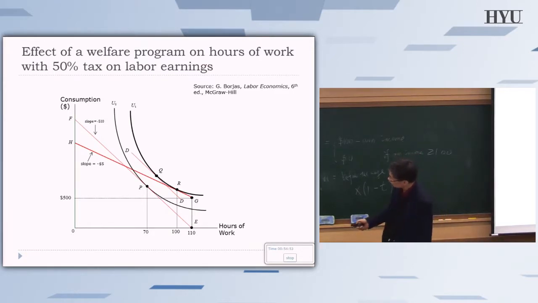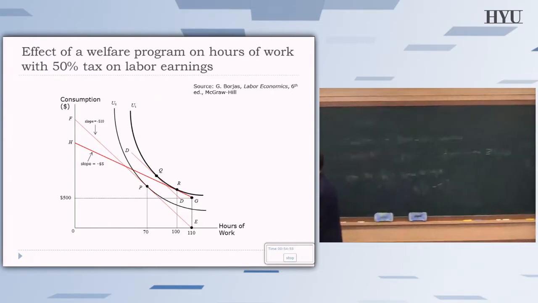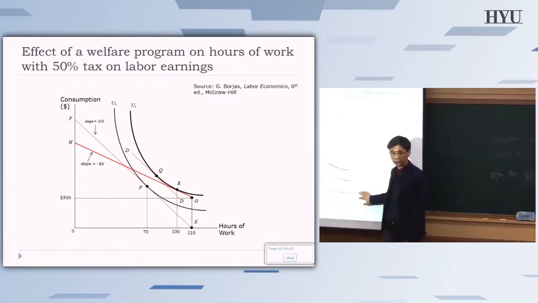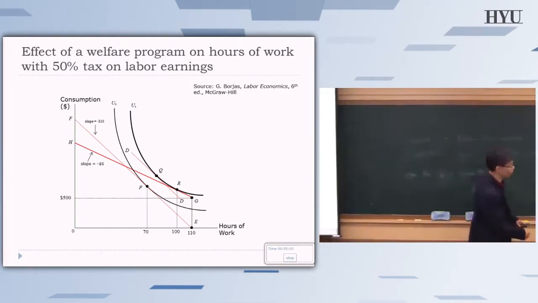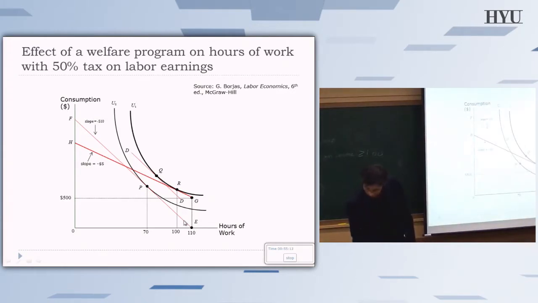Oh, this says hours of work? No, cannot be. It should be hours of leisure. That makes more sense. Yeah, on page 57 of the textbook, it says correctly hours of leisure.